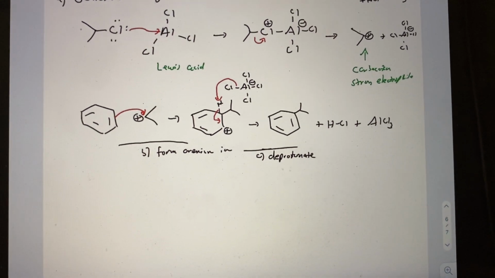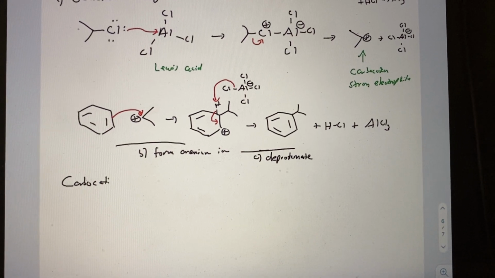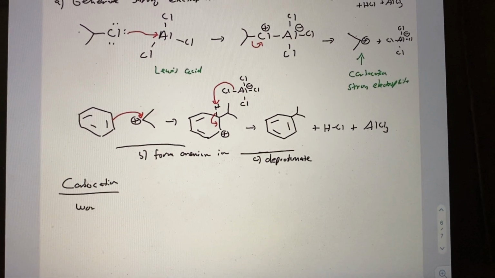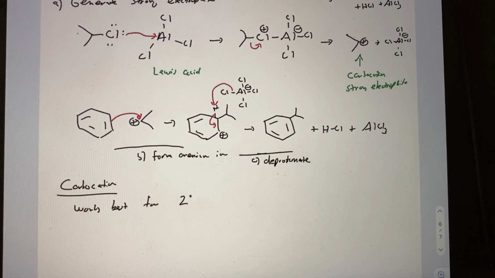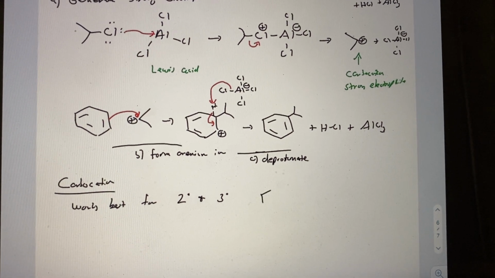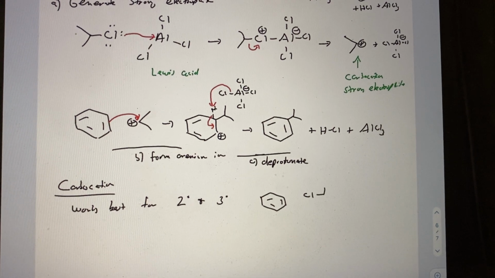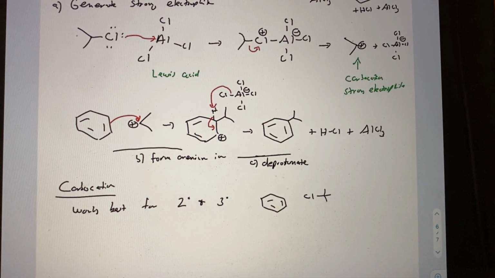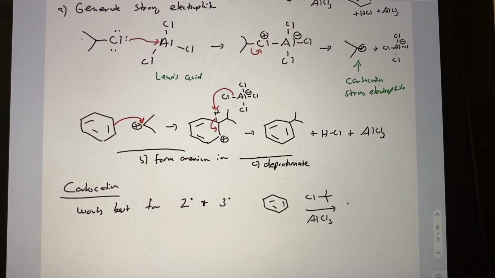So this one, because it's a carbocation, it works best for secondary and tertiary carbocations. You might imagine taking this species here, same benzene, and let's add this tert-butyl chloride and AlCl3.